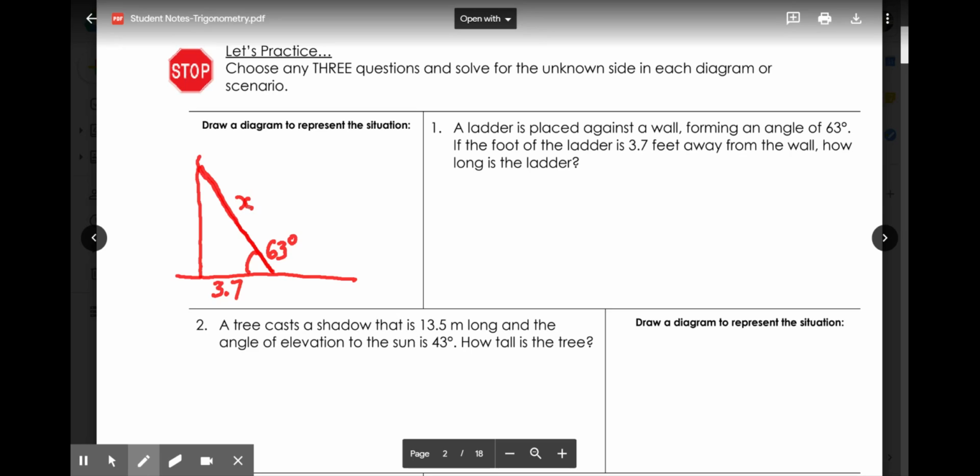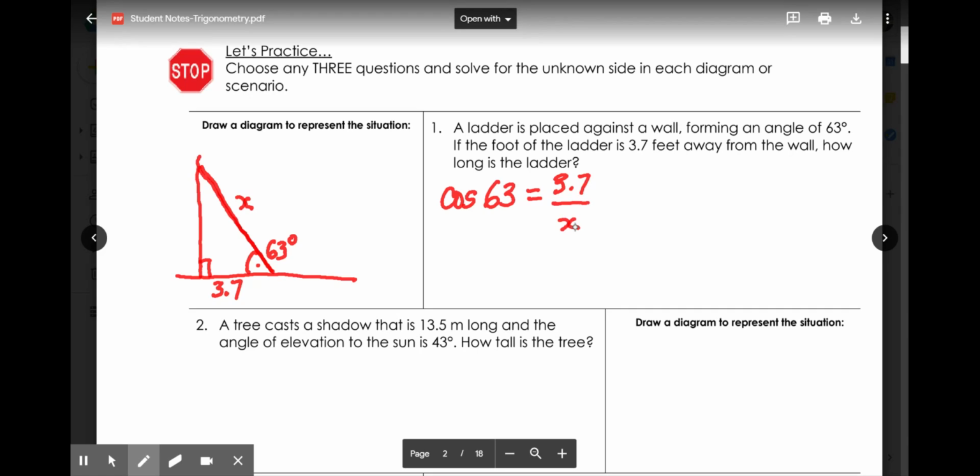And so now we have to pick one of the 3 trig ratios that includes the known value, which is 3.7, in relation to the 63-degree angle here. And so that's the adjacent side, and we're looking for the hypotenuse, or longest side. This is a right triangle, and so that's going to be the cosine function. Cosine of 63 equals 3.7 over x.